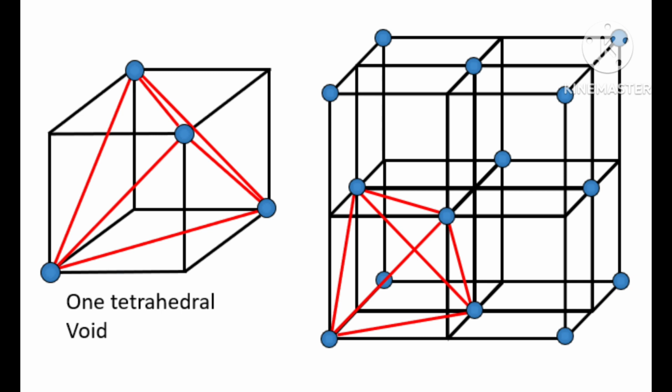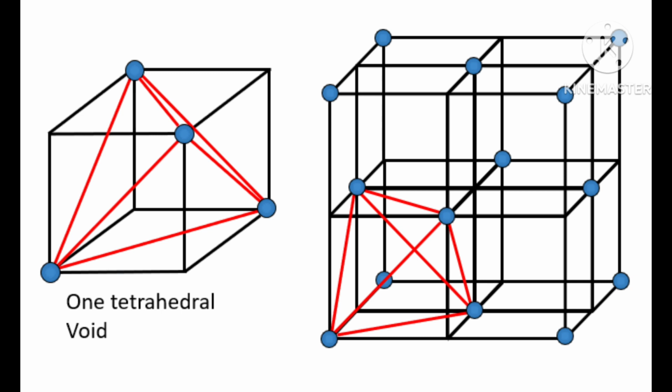Correct? In all, each small cube has 4 atoms. When joined to each other, they make a regular tetrahedron.